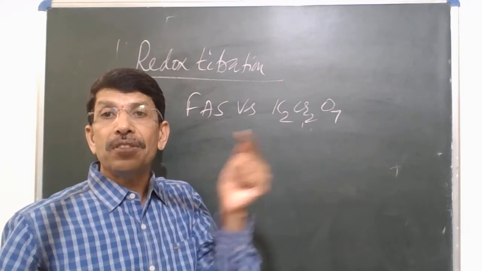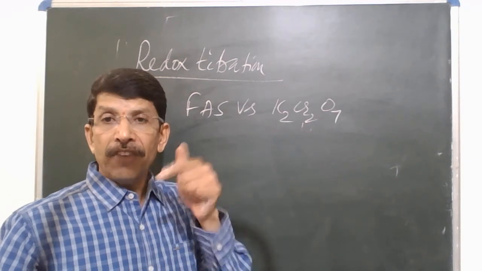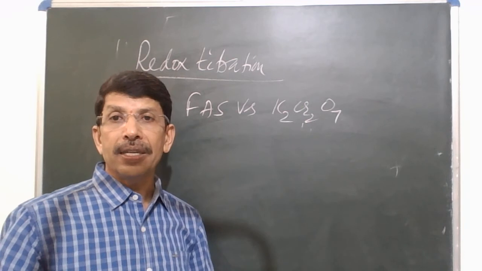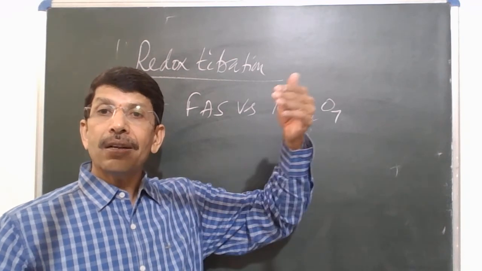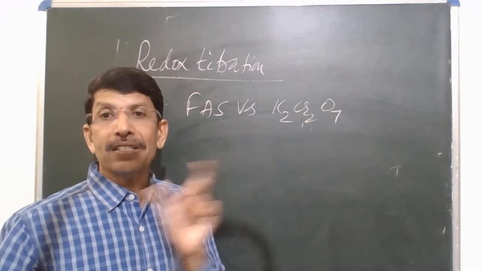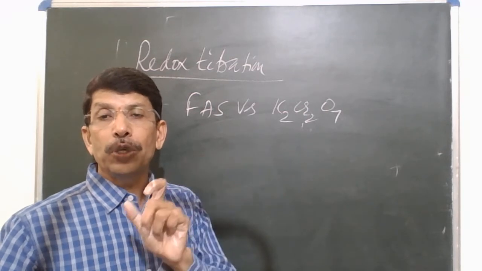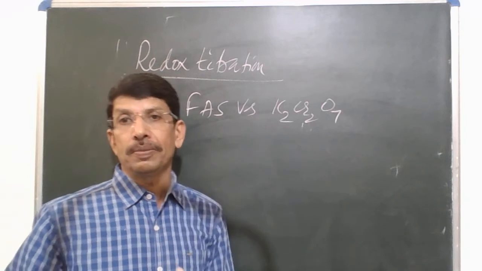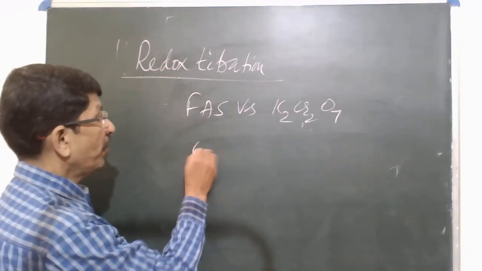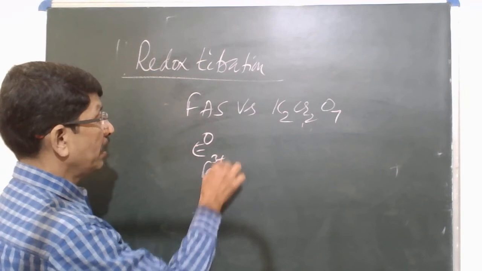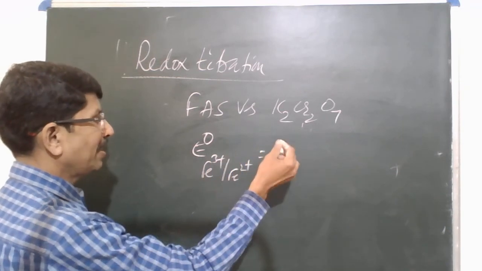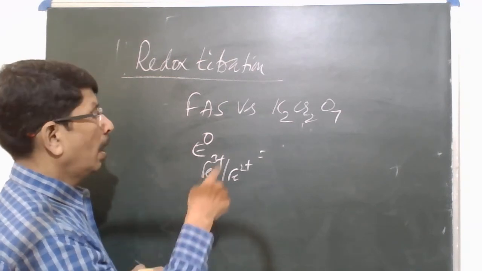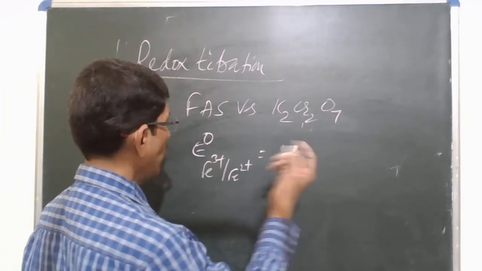During the titration of ferrous ammonium sulfate against dichromate, there is a change in the Fe2+ to Fe3+ ion ratio. Fe2+ ions are continuously converted to Fe3+ ions, so Fe2+ concentration goes on decreasing, whereas Fe3+ concentration increases continuously. So the ratio of Fe3+ to Fe2+ changes, therefore EMF changes. Now the E naught of Fe3+ to Fe2+ is more than that of calomel; I forgot this value.